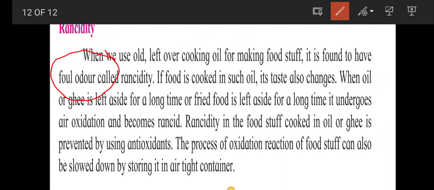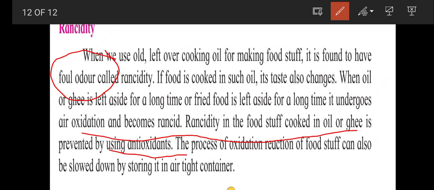If food is cooked in such oil, its taste also changes. When oil or ghee is left aside for a long time, or fried food is left aside for a long time, it undergoes oxidation and it becomes rancid. Why does it become rancid?